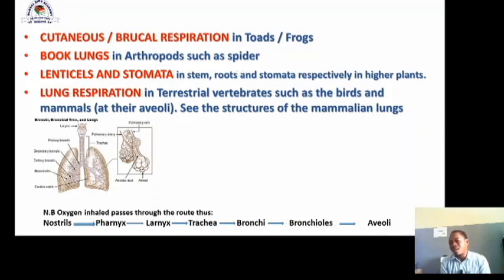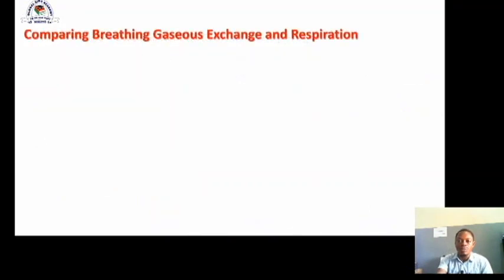Then the further branches of the bronchi form the bronchioles. And finally, when the bronchioles greatly branch, they form alveoli, where gases are exchanged by simple diffusion in mammalian lungs.